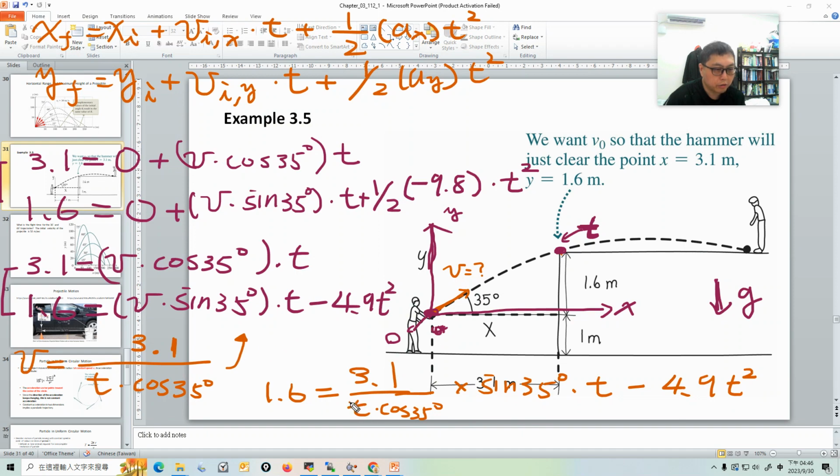What can we eliminate? The t cancels, and we will have 1.6 equals 3.1 times tangent 35 degrees minus 4.9 t squared.